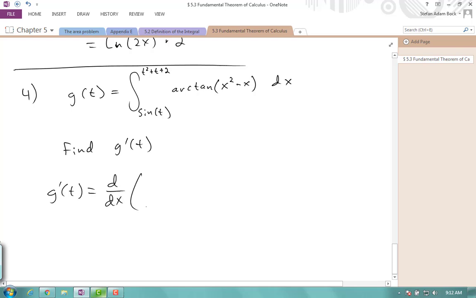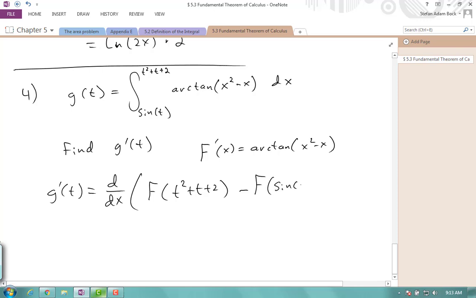If I jump a couple of steps, I'll say big F prime of x is equal to arctangent of x squared minus x. So here I should have big F of t squared plus t plus 2 minus the lower bound, big F of sine of t.